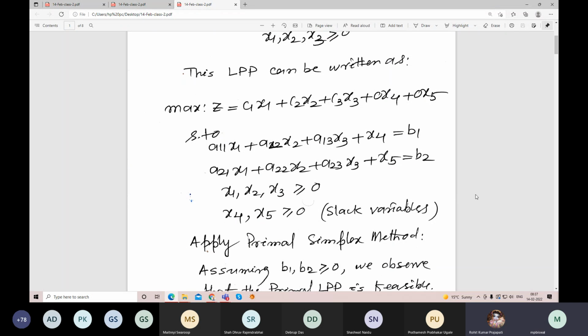Out of 5, 2 non-zero, 5C2, that is 10. 10 systems means half an hour will go. So how many will answer? I have asked this type of question, maybe 4, 5 answer. Questions, the answer is not visible. You have to find out, you have to explore.